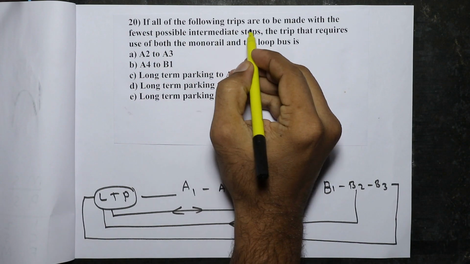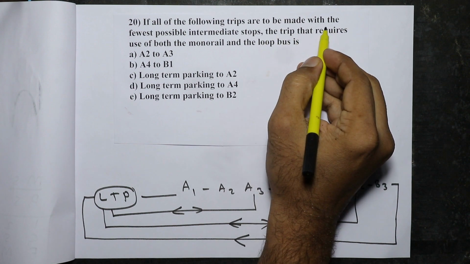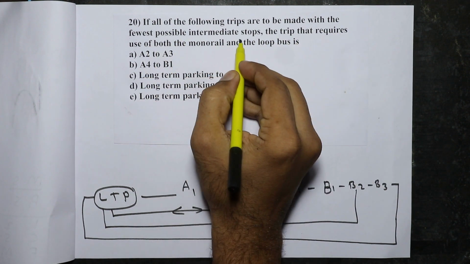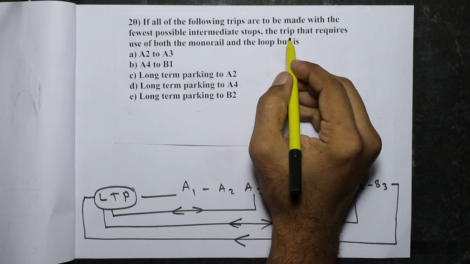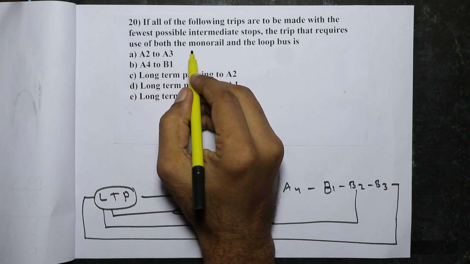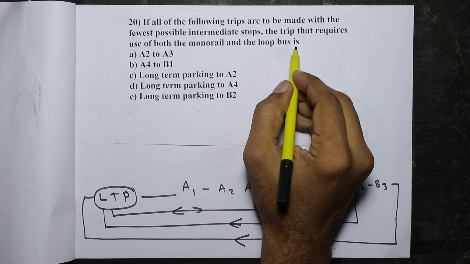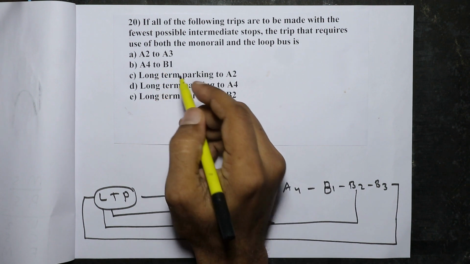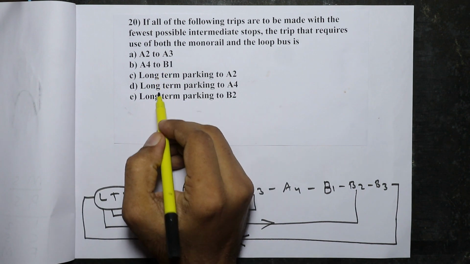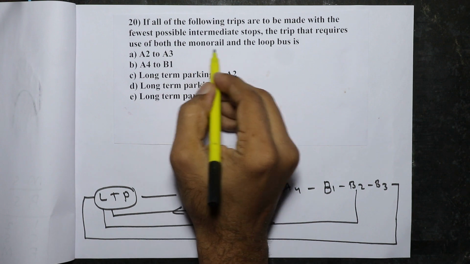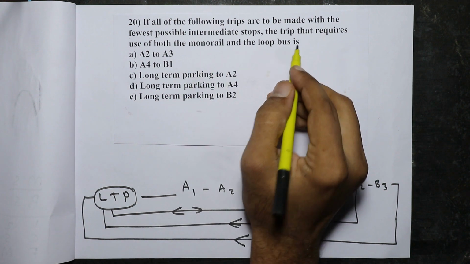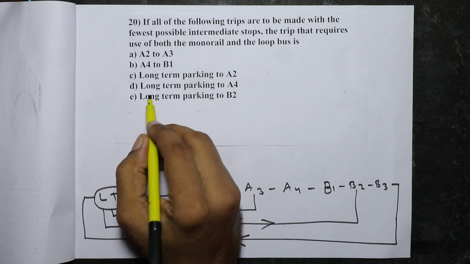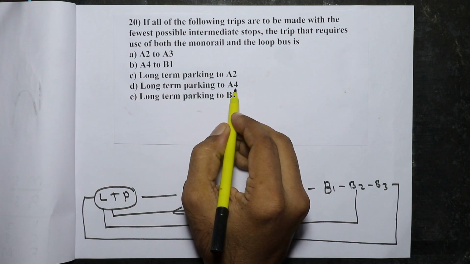If all of the following trips are to be made with the fewest possible intermediate stops, we need to find the trip that requires use of both the monorail and the loop bus. Let us look at option D, long-term parking to A4.